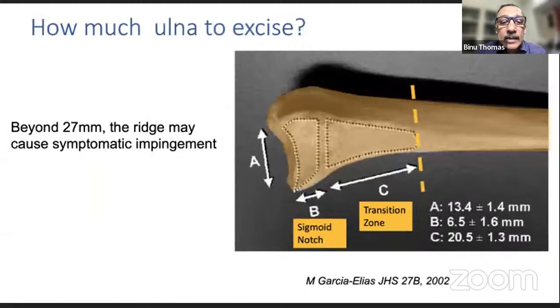Then Garcia Elias did a study to find out how much ulna needs to be excised. According to his study, he found that only this B and C is where the ulna is actually articulating, and up to 27 millimeters of ulna can be safely removed in a successful Darrach procedure.